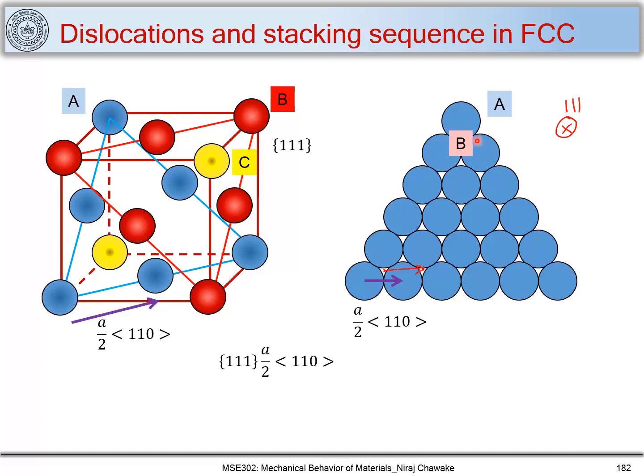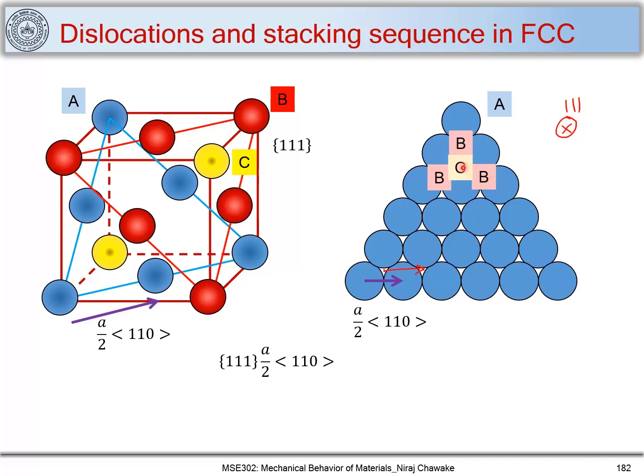Now you have B atoms which sit on this position. So the next B atoms on this 1, 1, 1 plane will be at this position and at this position. So these are the positions for B atoms. And what is the position for the C atom? The position for the C atom is this. So you have A atoms stacked, over which B atoms sit, and over which C atoms sit.